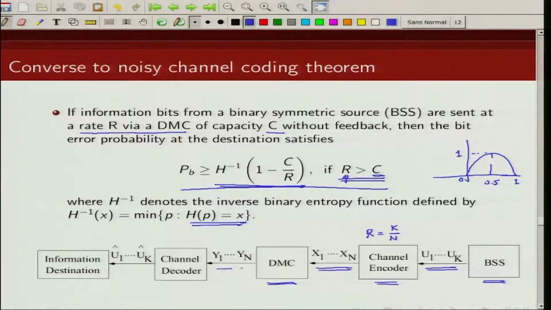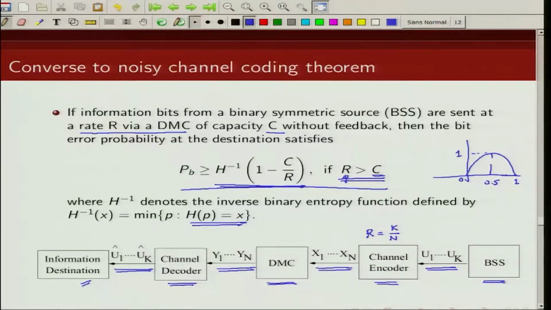What you receive is yi, so you receive y1, y2, y3, yn. Now these are fed to a channel decoder which will try to estimate what were the information bits that were sent. So the channel decoder will try to estimate u1, u2, u3. So these estimates I am denoting by u1 hat, u2 hat, uk hat, and this is my sink.